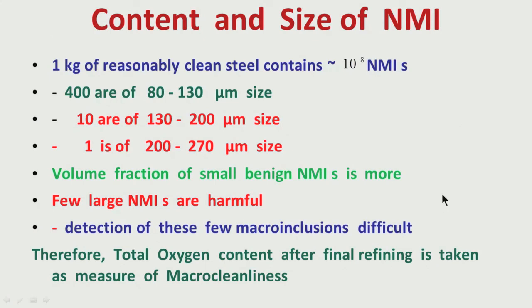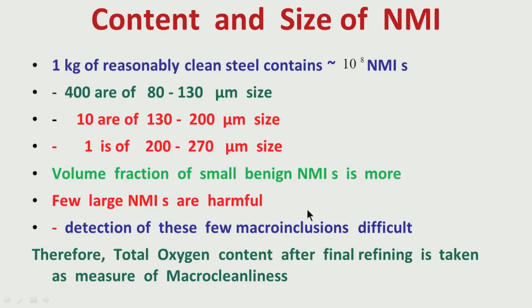This issue will be taken up in greater detail later on, but I am trying to harp on the point that if you measure total oxygen in steel at the final stage of steel making, just at the time of casting, and the total oxygen is less than say 25 or 30 ppm, then oxygen as oxides is less, that means oxide inclusions are less. So the steel is relatively clean with respect to oxide inclusions. If the sulfur is less, the steel is relatively clean with respect to sulfide inclusions. So this is a relatively clean steel.